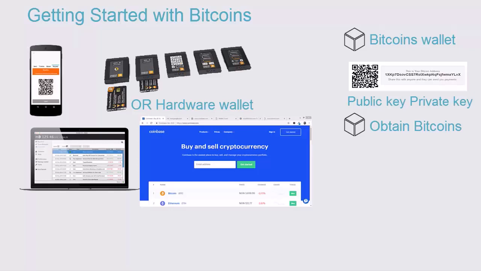So where do you go when trying to buy Bitcoin in exchange for physical money? We go to platforms called exchanges. Bitcoin exchanges your local currency for Bitcoins as well as Bitcoins for local currency or physical money.